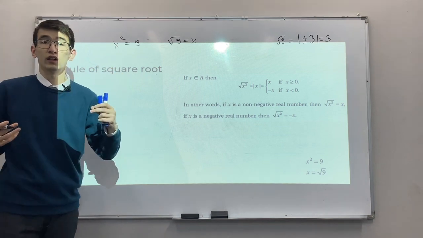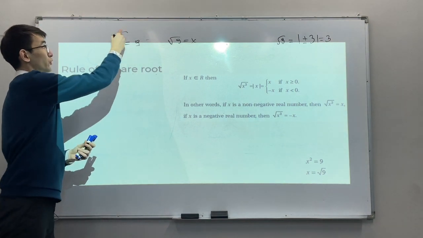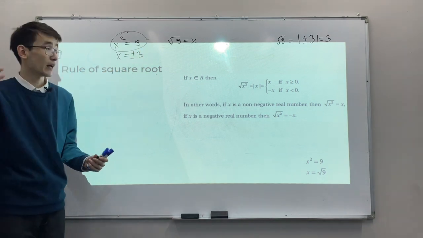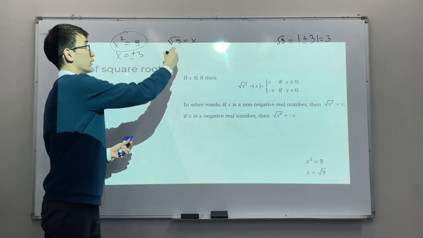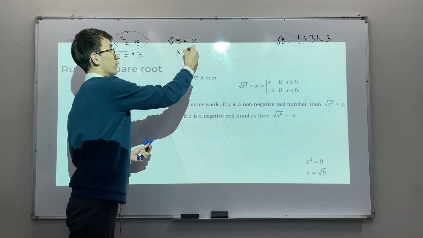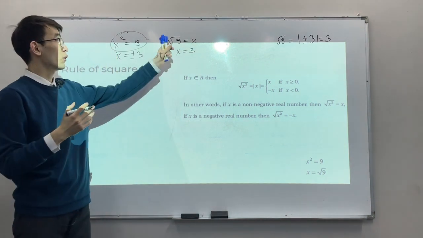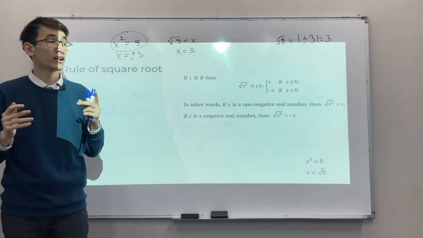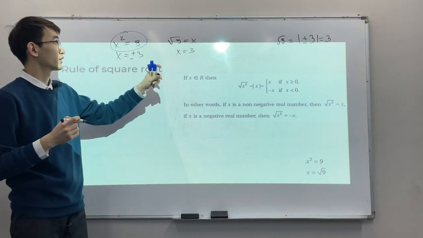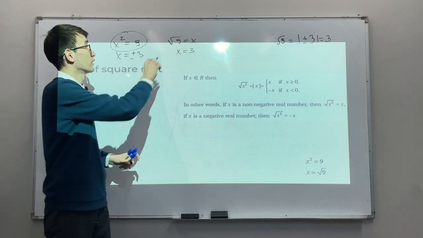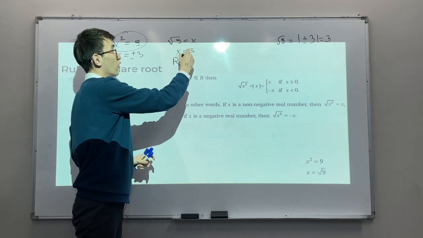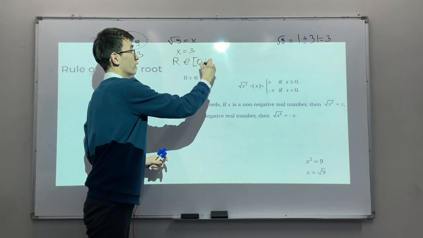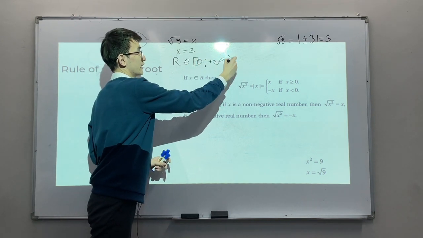Because in the first equation x equals plus minus 3, the second one is just 3, because from a square root we can never get a negative number. That's why the range of square root is from 0 to plus infinity.